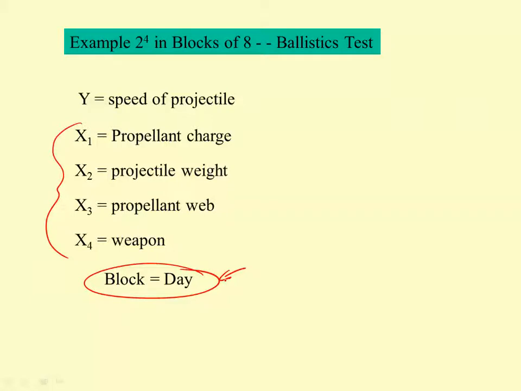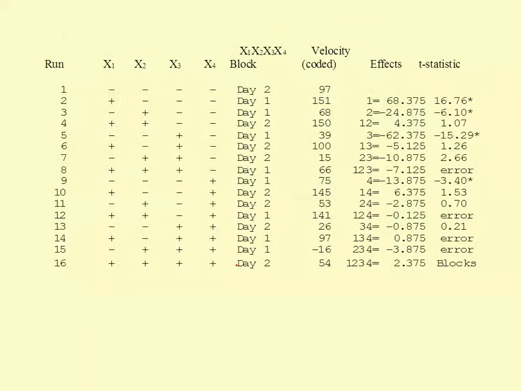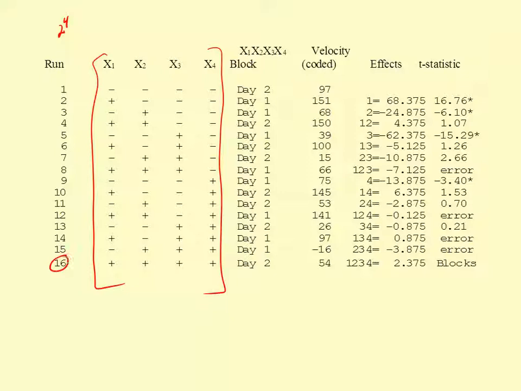So we want to figure out, and again, we can't run all 16 runs in one day. So we need to divide up however many runs we can do across the different days. In your notes, it mentions that we can run 8 runs in a day, and so we have 16 runs. So there's the base design, right? The 2 to the 4th design is a 16 run, full factorial in all those factors.